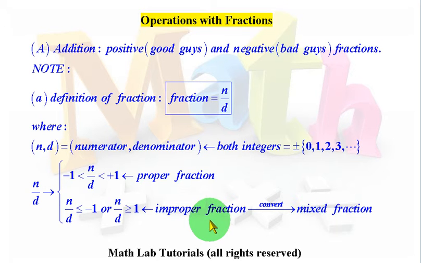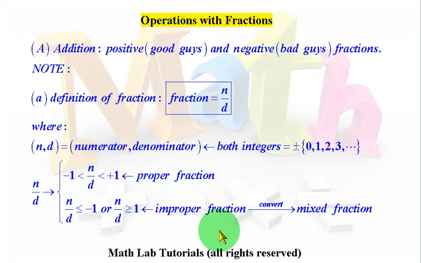But from a practical perspective, improper fractions are fine, and there's really no need to convert to a mixed fraction. But again, it's your option. You can leave an improper fraction as improper, or you can convert to a mixed fraction if that tickles your fancy. Personally, I prefer improper fractions to mixed fractions, but I guess it's a matter of choice.